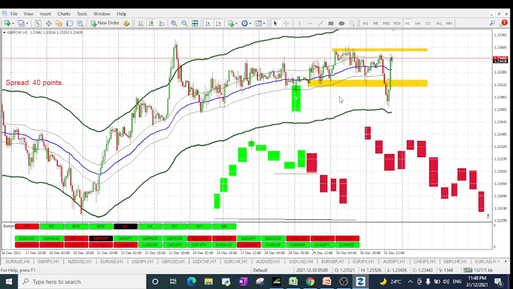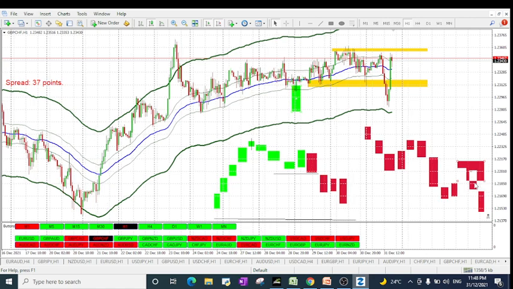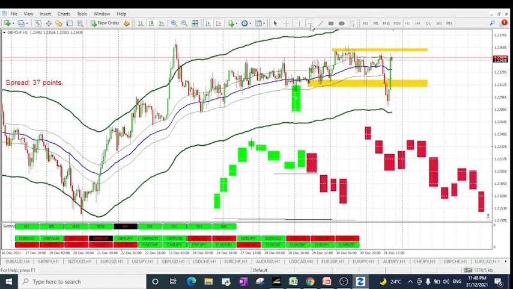So what you do is you have to wait for this zone to be taken out, like this high right here. You have to wait for this high to be taken out.